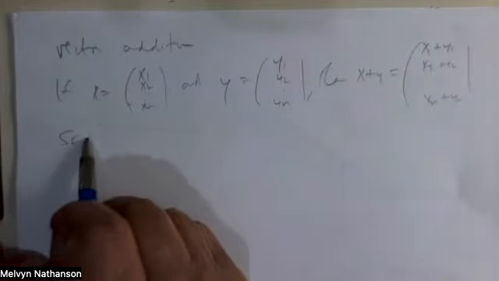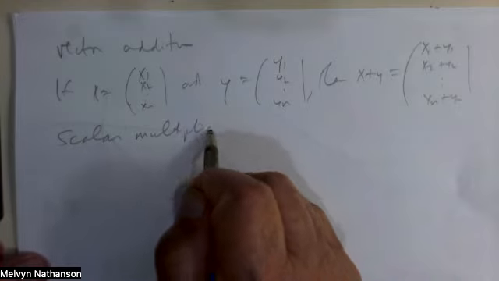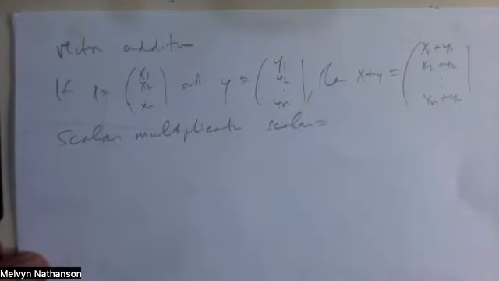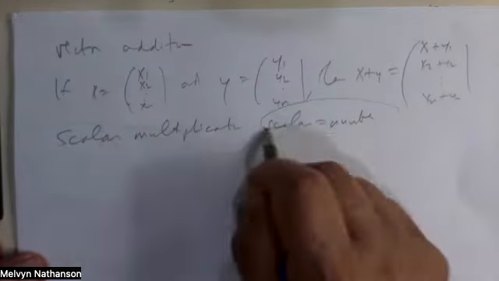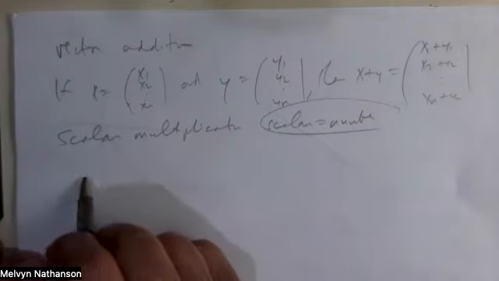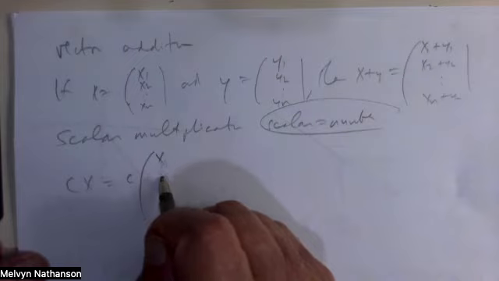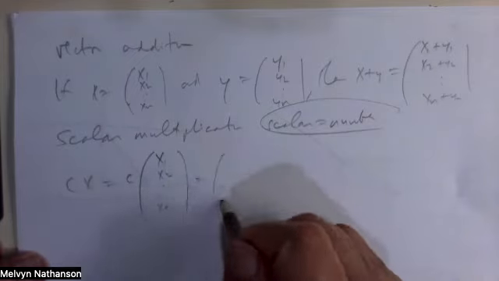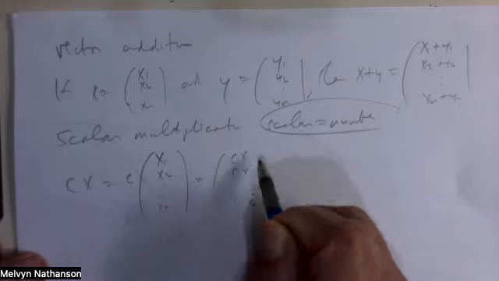And we also have the operation of scalar multiplication, where a scalar is just the name for a number in linear algebra. So if you have the vector x and you multiply it by c, you multiply each coordinate by c.